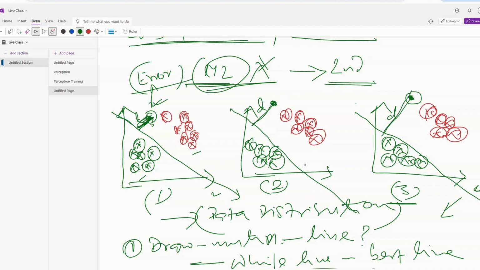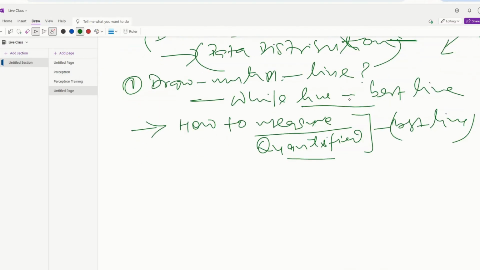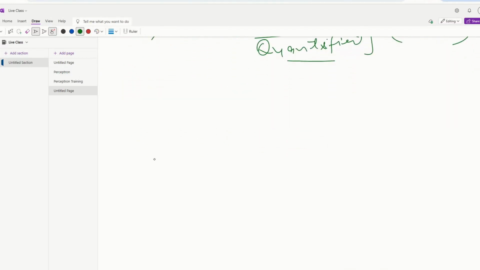Let's suppose I found three lines. In the third case I can say that the error is maximum, because this point is far away from my boundary, it has the maximum distance. In this case the error is more, and in the first case the error is less.